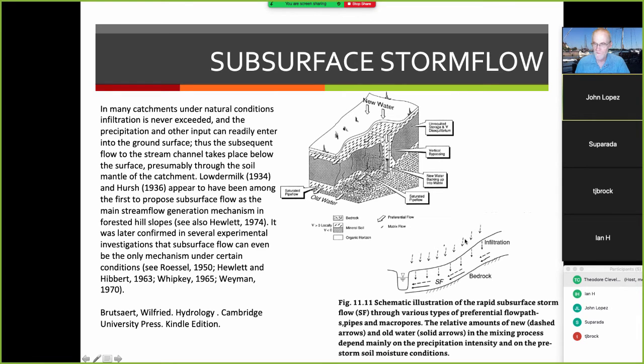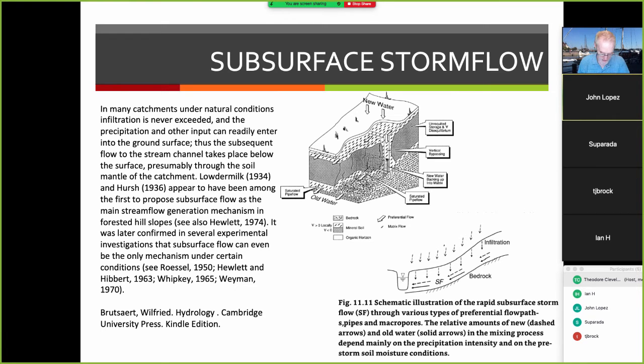So here's our rainfall. There's infiltration, and there's a portion of flow to the stream that are these dashed arrows. That's the subsurface storm flow, or the rapid subsurface storm flow. And then there's solid arrows, which represent water that was already there that is displaced by the new incoming water.